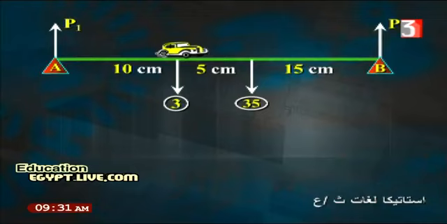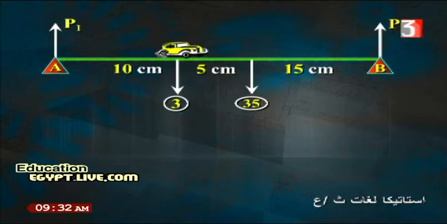Look, my dear student. The bridge's weight is 35 ton weight. Also, a car, its weight is 3 ton. Then we reduce that, my dear student. The forces downward are 3 plus 35.